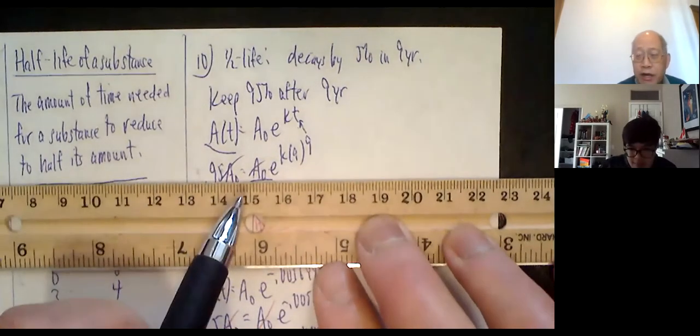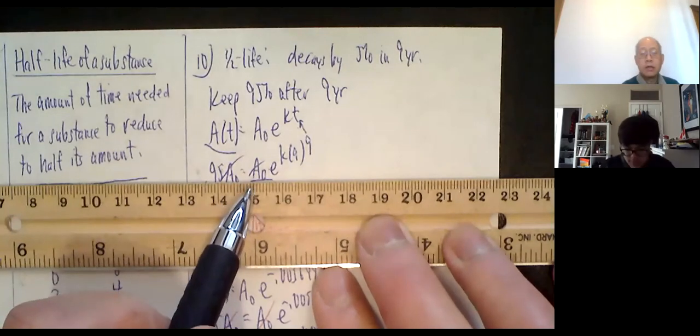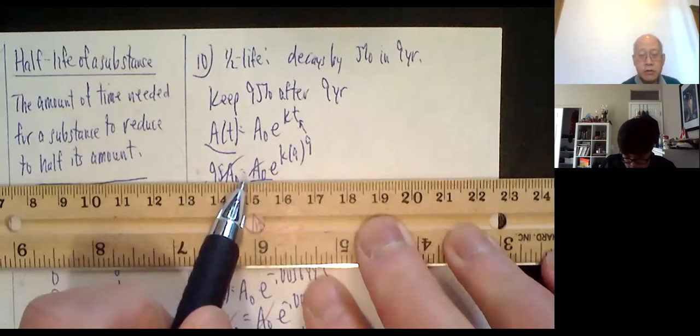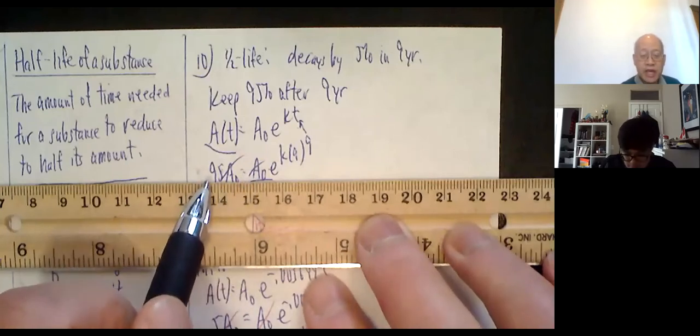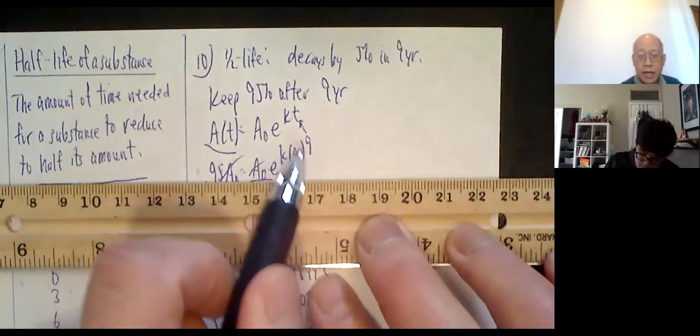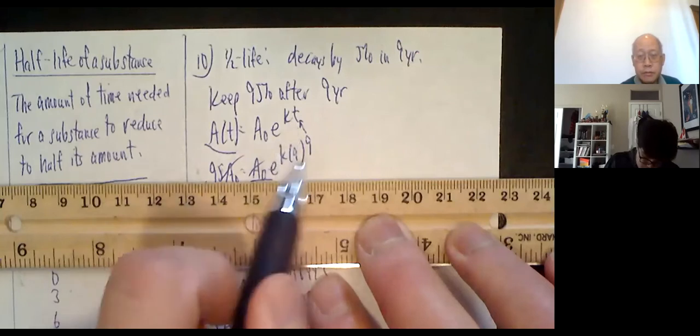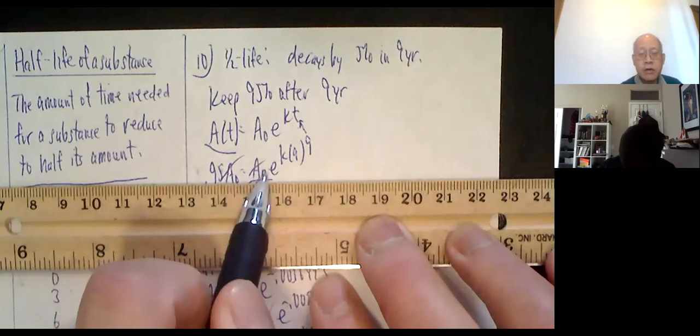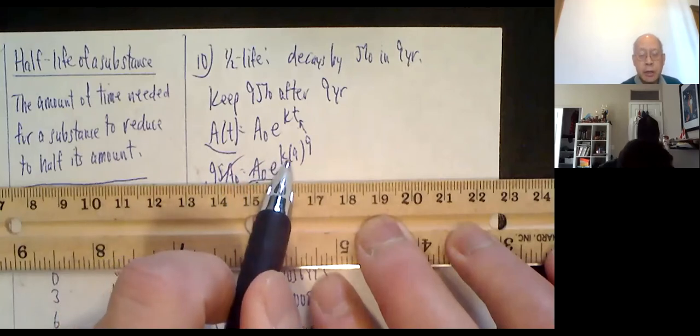So even though they don't tell me the A0, just put 0.95 A0. 9 goes there. So 0.95 A0 equals A0 e to the k times 9.